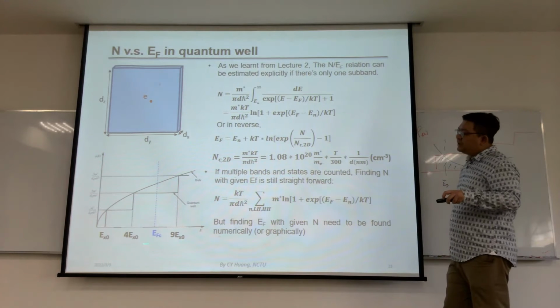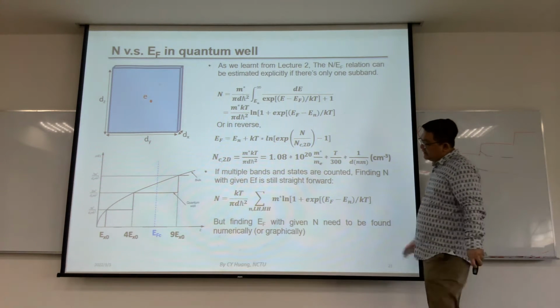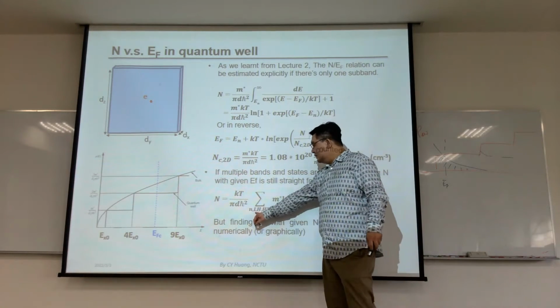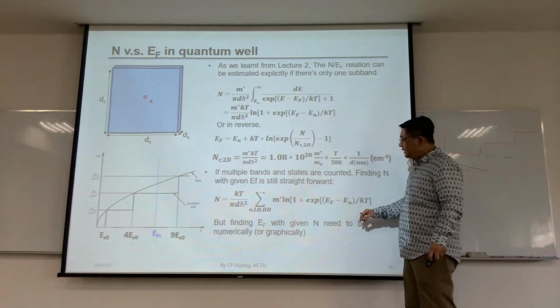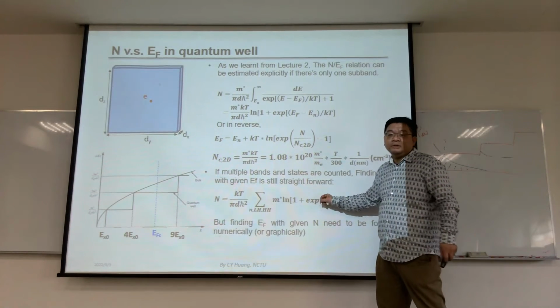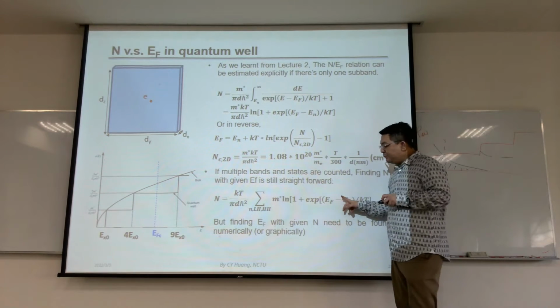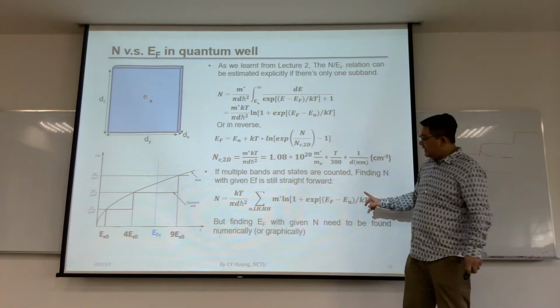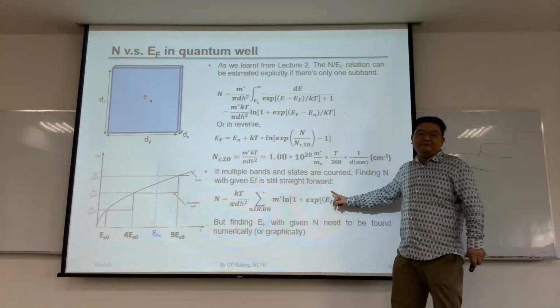But if you really need to count the many levels, then you need to calculate with a different En, but the same Fermi level, then add up. But in this case, it will be easy to calculate N if I give you EF.